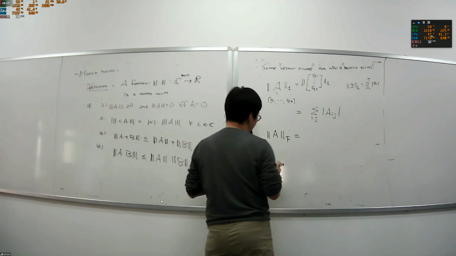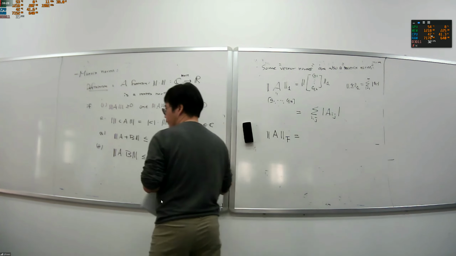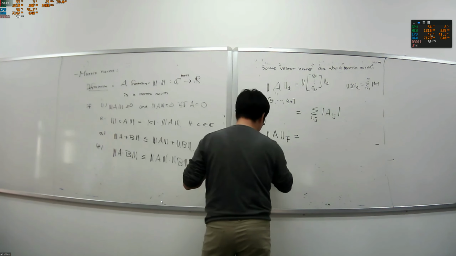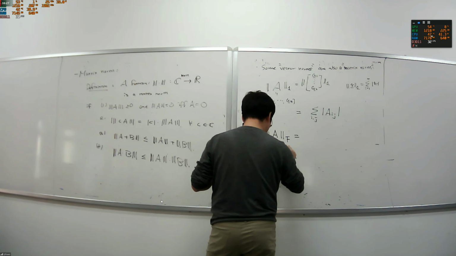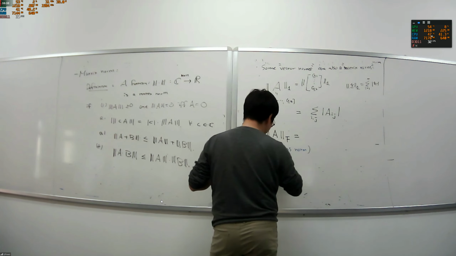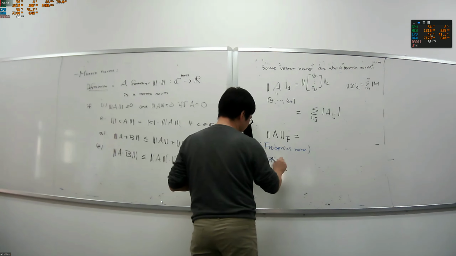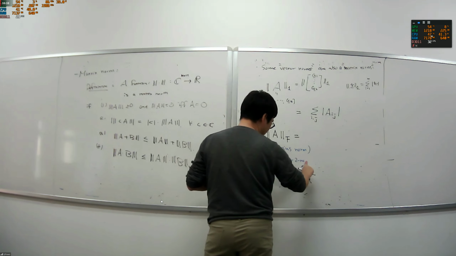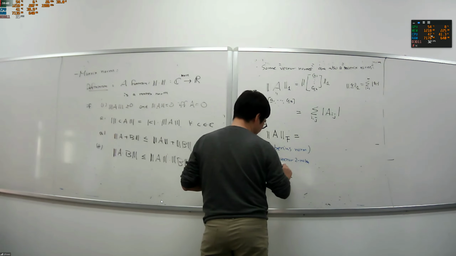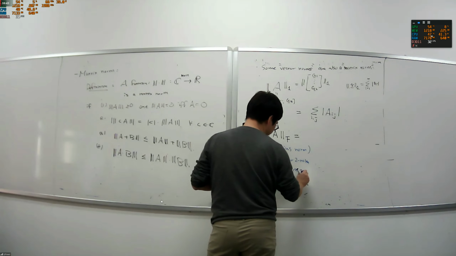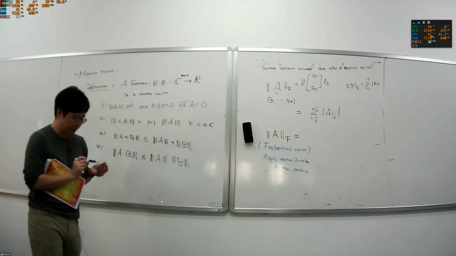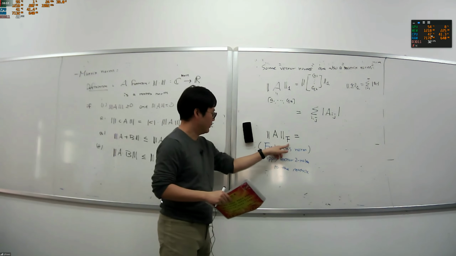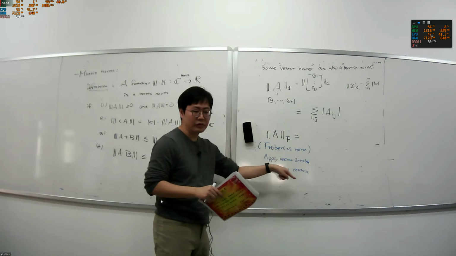And the Frobenius norm, this is called the Frobenius norm, is what you get when you apply the vector 2 norm to a matrix.